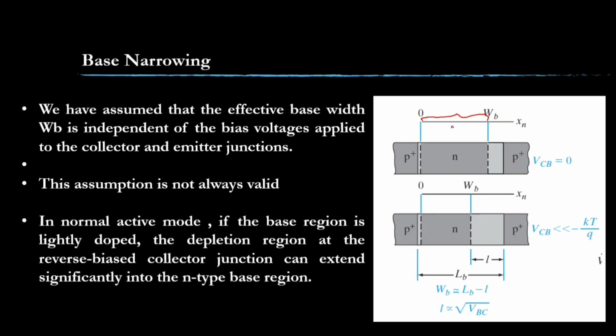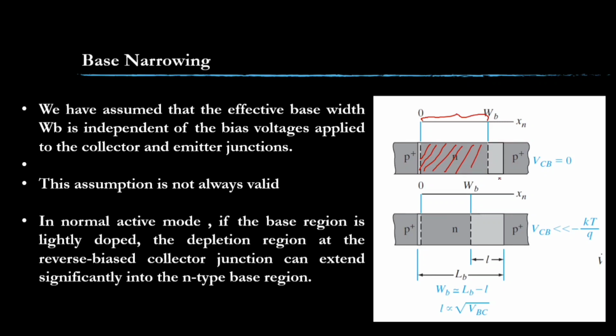It won't affect much, but that assumption is not always valid, because if I apply more reverse bias to the collector junction, we know the base is a very lightly doped region compared to the regions existing on both sides. So the depletion region will always encroach more towards the base region, because it is lightly doped.